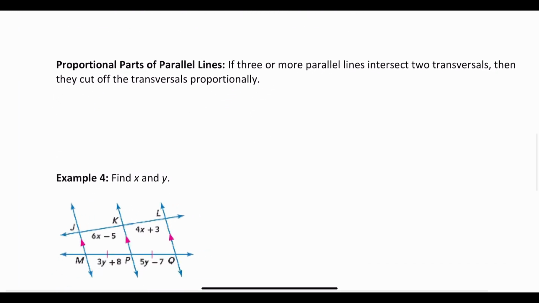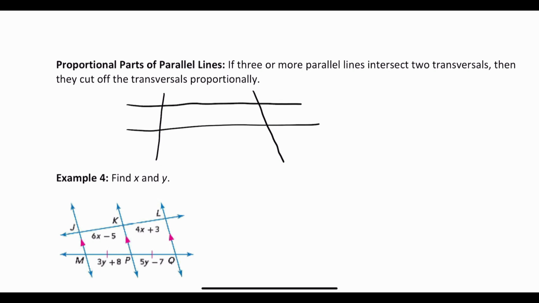So suppose that I have these two transversals here, and I have these 3 parallel lines. Here's an arrow, and here's an arrow.